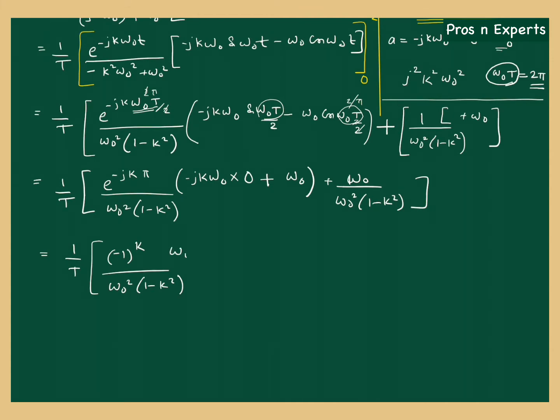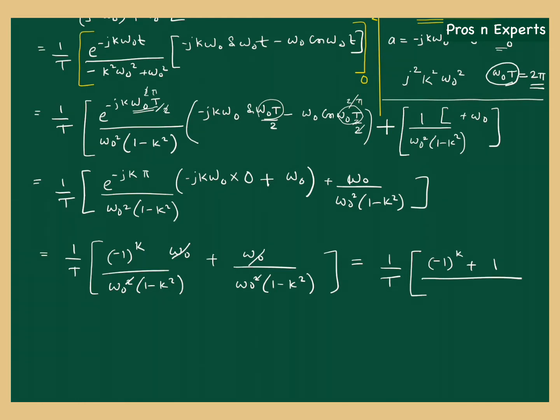So omega 0, and I can cancel omega 0 and omega 0 here, plus omega 0 by omega 0 square into (1 minus k square). And again I can cancel an omega 0 on the numerator and denominator. So what we are facing is an expression having minus 1 to the power k plus 1. I can join this because the denominators are same, into omega 0 into (1 minus k square).